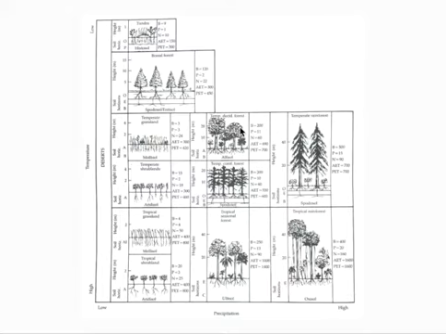So especially that interplay between how the climate affects both the vegetation and the soils, and how the soils and the vegetation affect each other. There's a lot of reciprocal feedbacks going on between vegetation and soils.